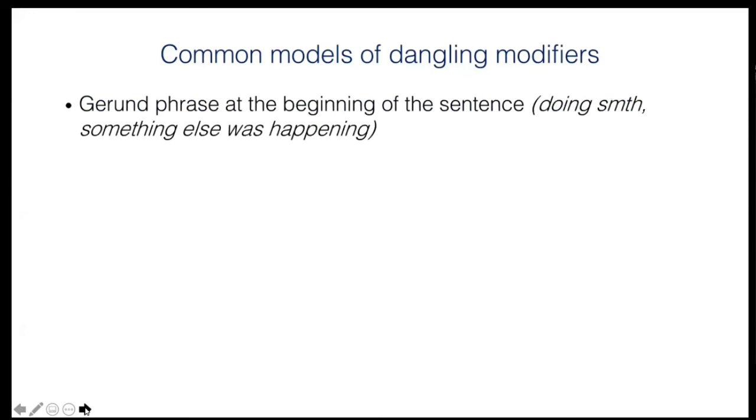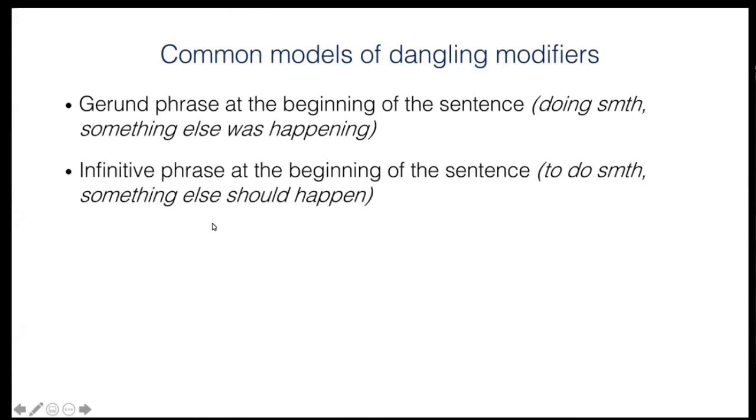So we discussed dangling modifiers. Let's sum it up. So what do we see? We see that dangling modifiers usually start with the gerund phrase at the beginning. So doing something, something else was happening. And that's where the mistake comes from, right? Gerund phrase. We can start with an infinitive phrase.